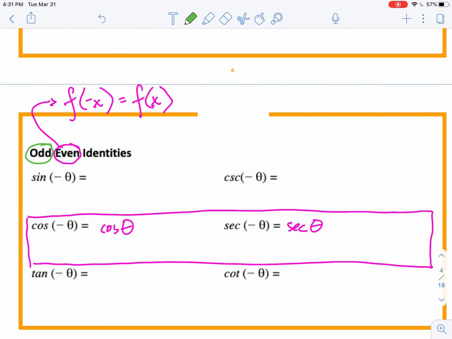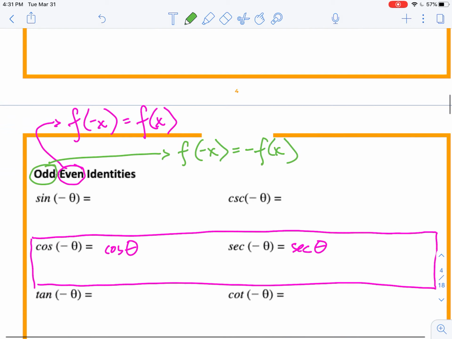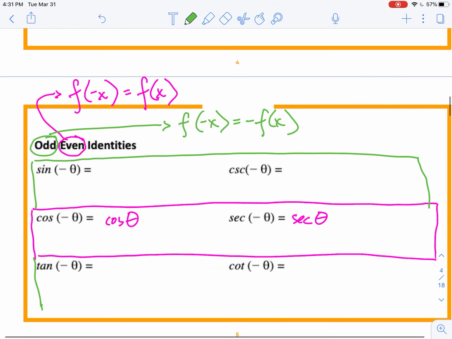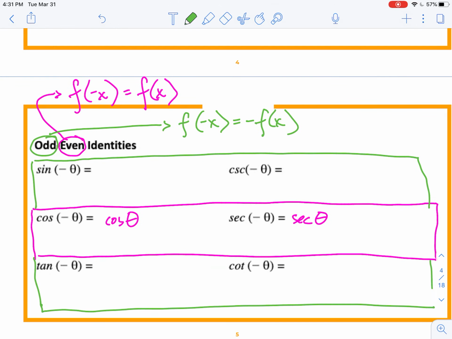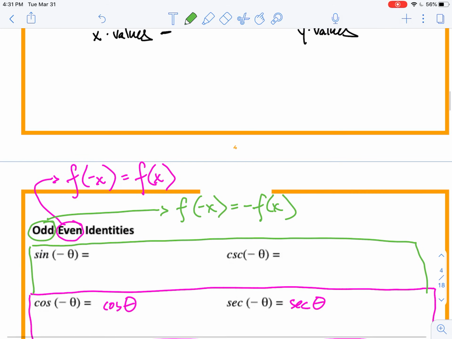We can use a similar process to help us find the odd identities. And the definition of an odd identity is that f of negative x equals negative f of x. And it turns out that the other 4 trig functions are all odd. And so we can say that sine of negative theta equals negative sine theta.